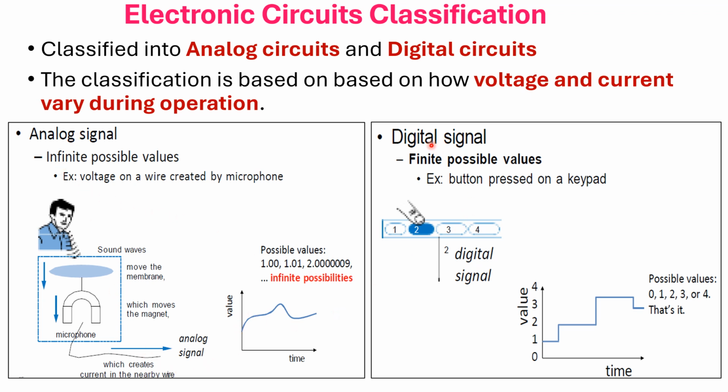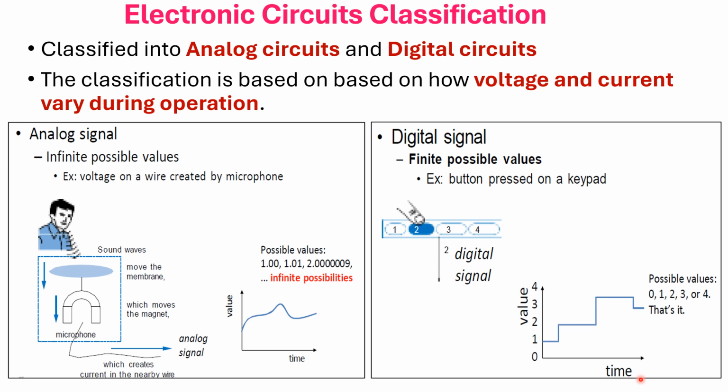Whereas in the case of a digital signal, you are going to have finite possible values. The best example is your laptop. When I press the number 2, what will be displayed? 2 will be displayed on the screen. If I don't press it, it will not be displayed. So it is either on or off, either high or low. When I press a key on your keyboard, a particular value will be displayed on your screen.